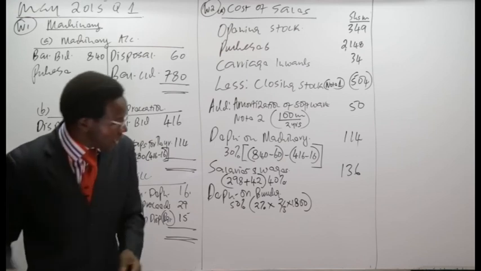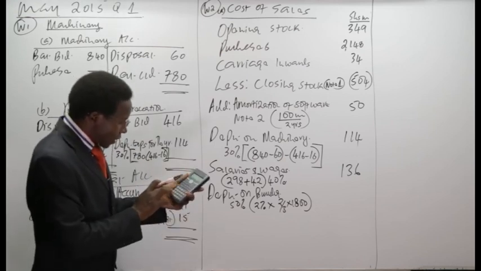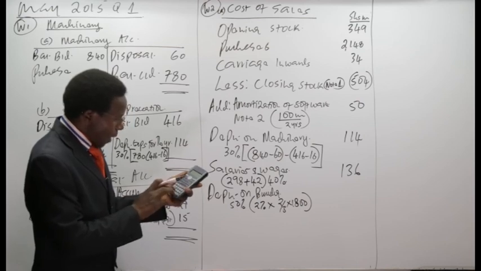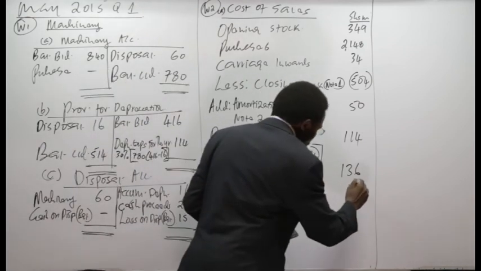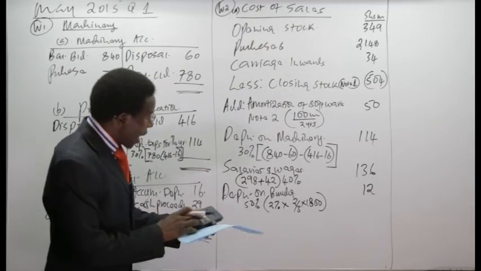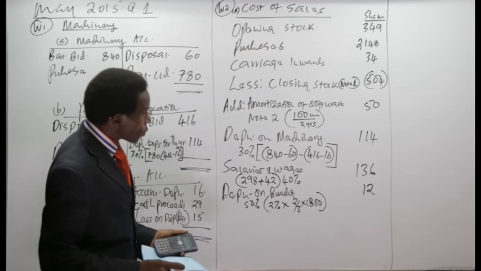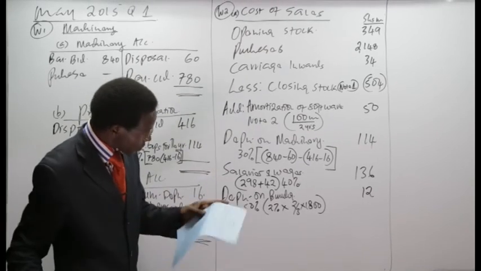So I take my calculator there, friends. I say 2% by 2/3 of 1,800, then I multiply by the 50%. That comes to 12. That's important. So 50%, 2%, 2/3 on 1,800 is coming to 12.